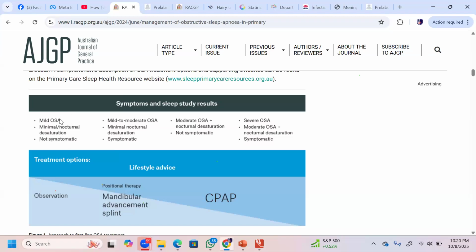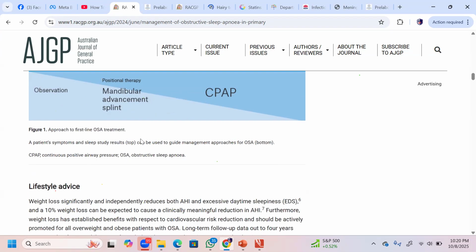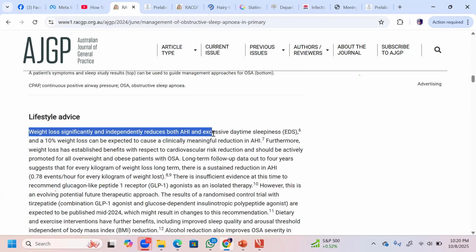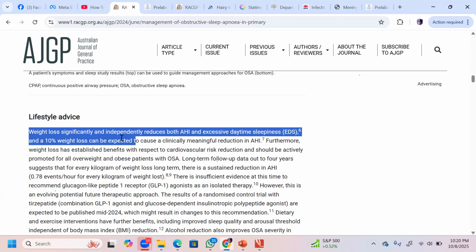And these are the symptoms and study for mild, moderate, and severe. You can go through it in your own time. So if asked about the next step, it is weight reduction. Weight reduction significantly and independently reduces both the apnea and excessive daytime sleepiness, with 10% weight reduction.